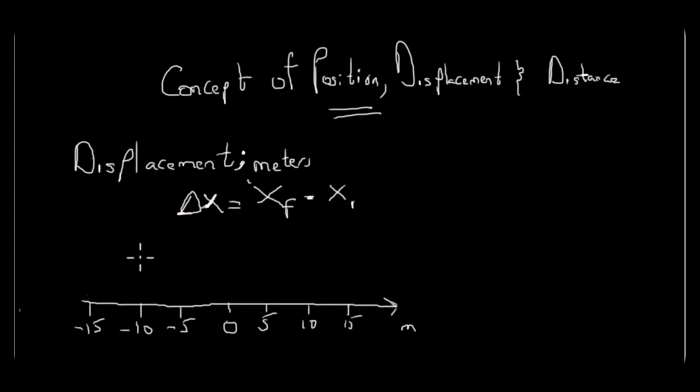So let's say my object is located at this particular position, and then after a while my object decides to change its position towards this point and stops here in this direction. How do we find how much my object has been displaced by?